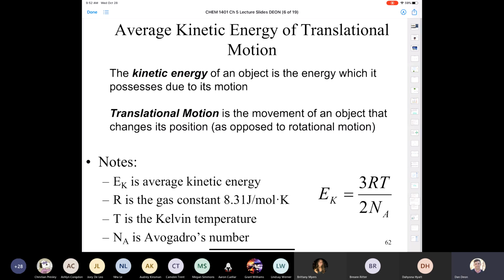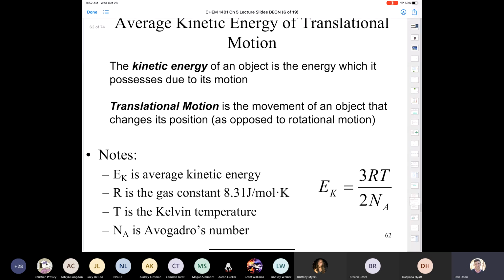But if we look at another formula, and again, this is a formula that I'm not going to ask you to use necessarily, but if we look at the average kinetic energy, and if you read our textbook, you'll notice that the author puts a line over the E like that for average kinetic energy. So the horizontal line means average kinetic energy is equal to 3/2 times RT over NA.